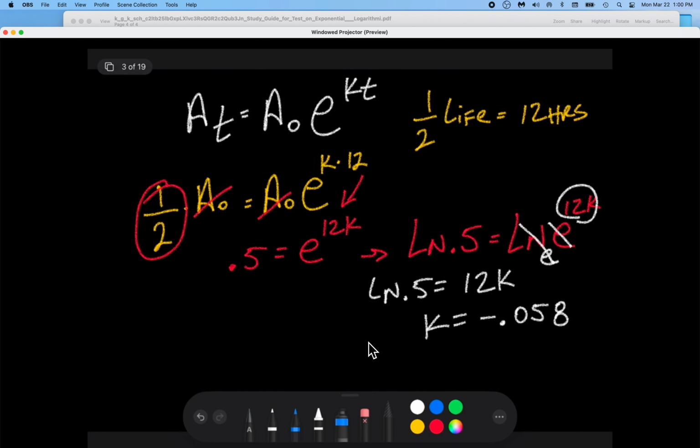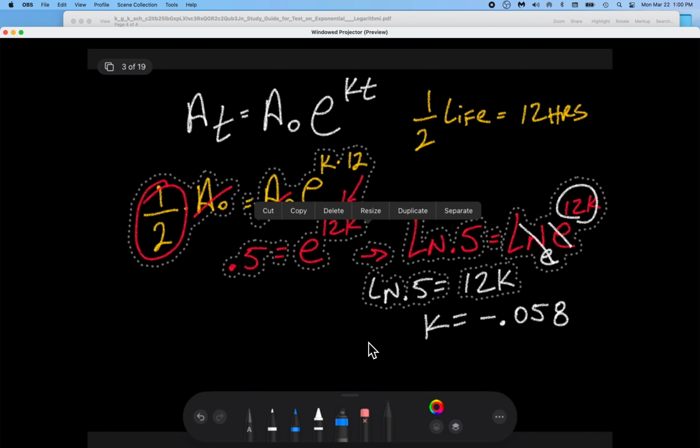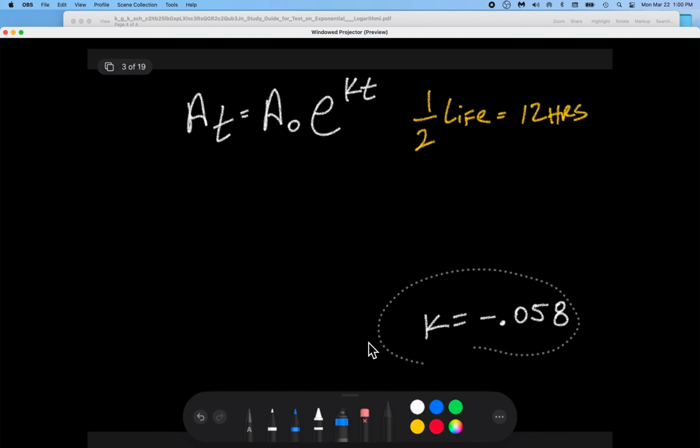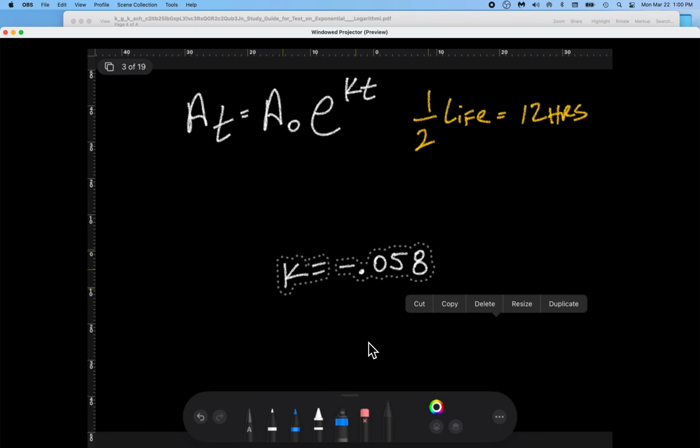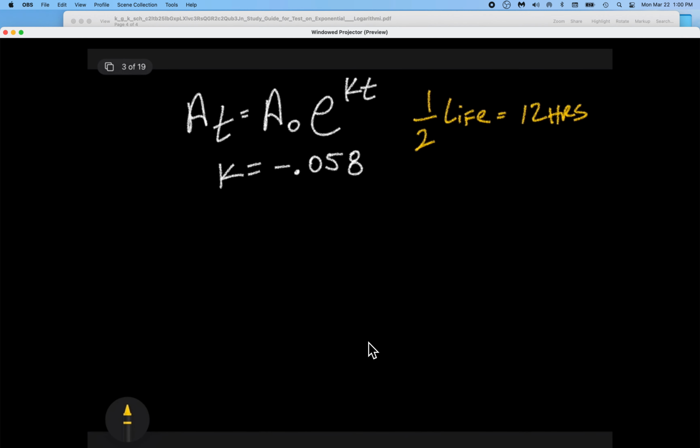Okay, so now we are in the catbird seat, and here's why. Because we could handle anything that they throw at us. First thing we're going to do is write the model equation using the k that we found. That model equation is as follows.